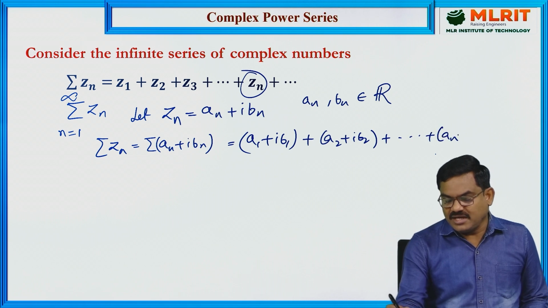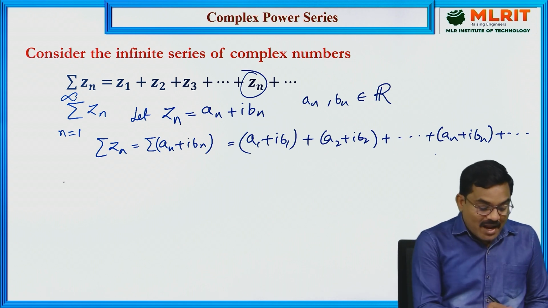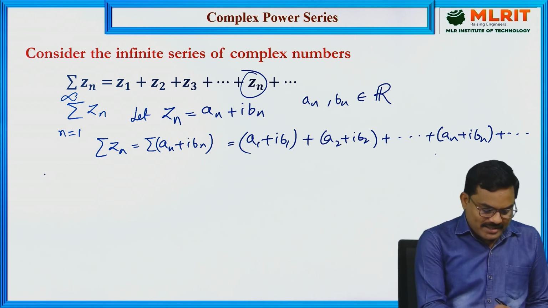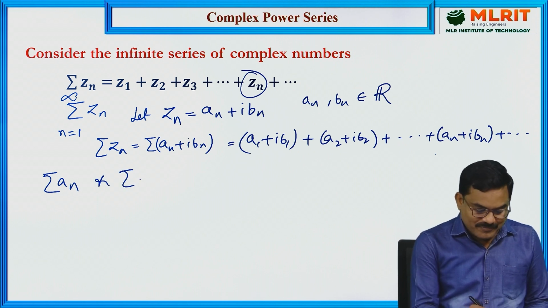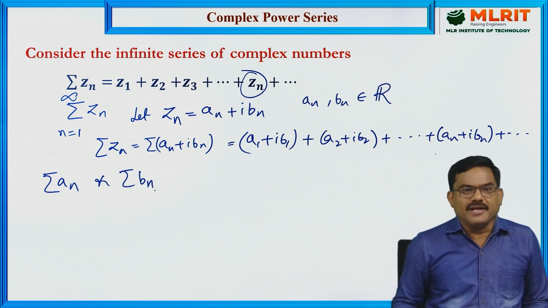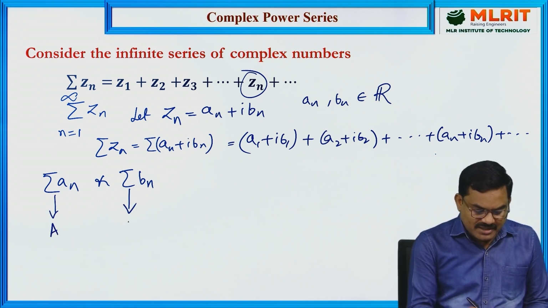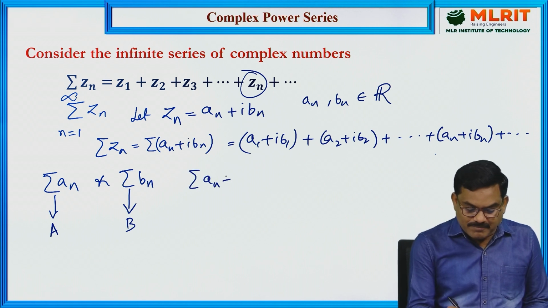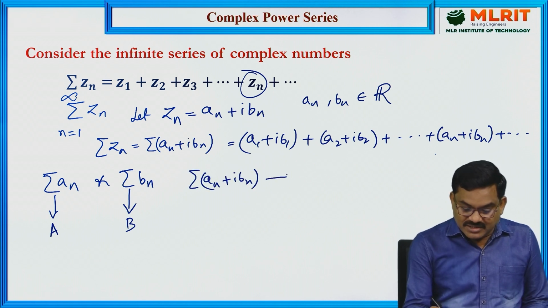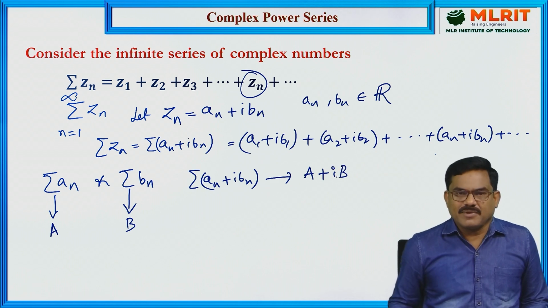The nth term is an plus i bn itself, plus so on. That means it is an infinite series expansion. And here there is another important point: if, for the series of real values, sigma an converges to capital A and sigma bn converges to capital B, then this sigma of an plus i bn converges to capital A plus i times capital B.